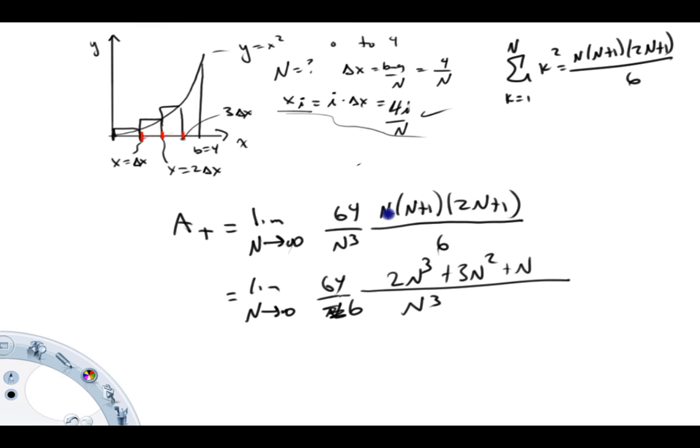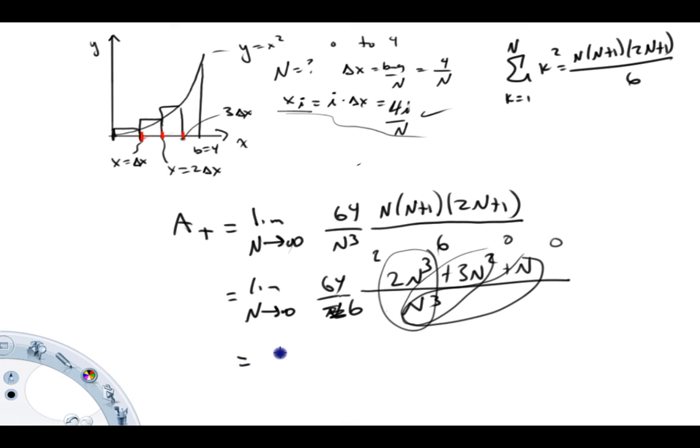And when we take this limit as n goes to infinity, we just do it term by term. This limit here is 2. This one is 0, and this one is also 0, because 3n squared over n cubed is 3 over n, and as n goes to infinity that goes to 0. n over n cubed is 1 over n squared, which also goes to 0. So when we take the limit of all of this, the 2 is the only thing that survives.